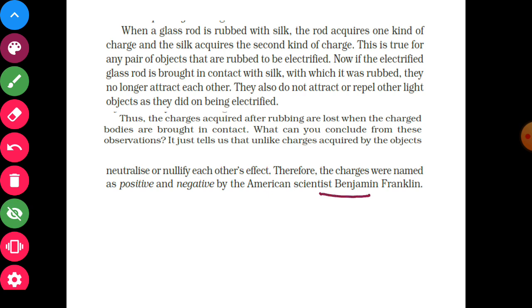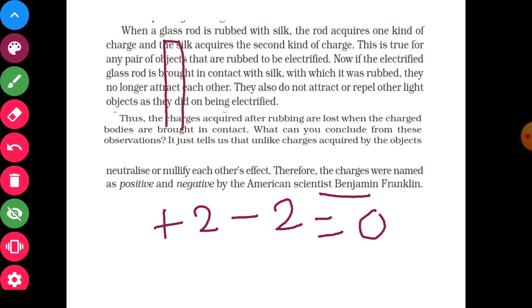As you have, say, plus 2, and if the opposite number is added, they neutralize each other's effect and it becomes 0.